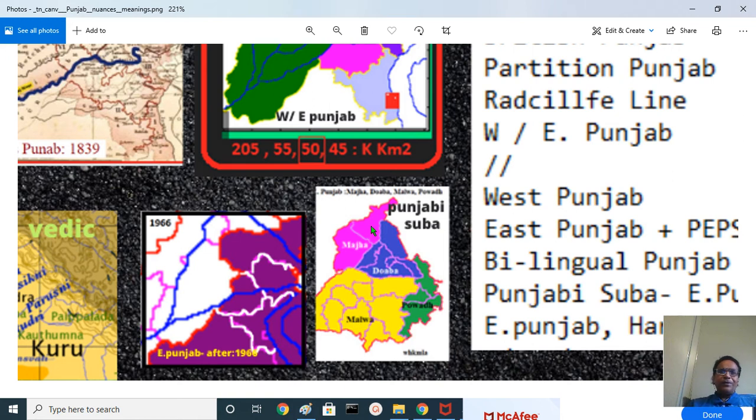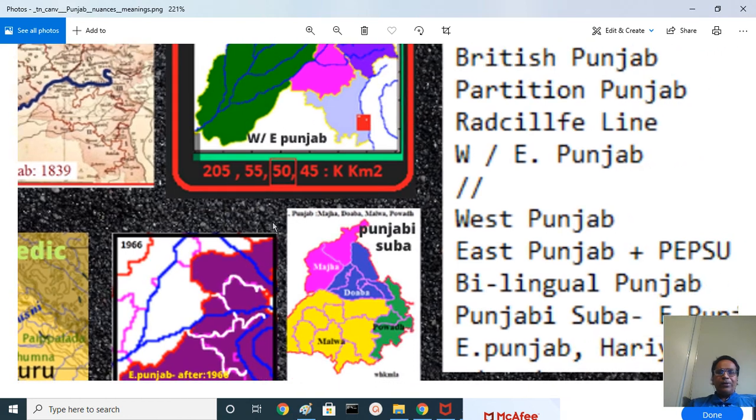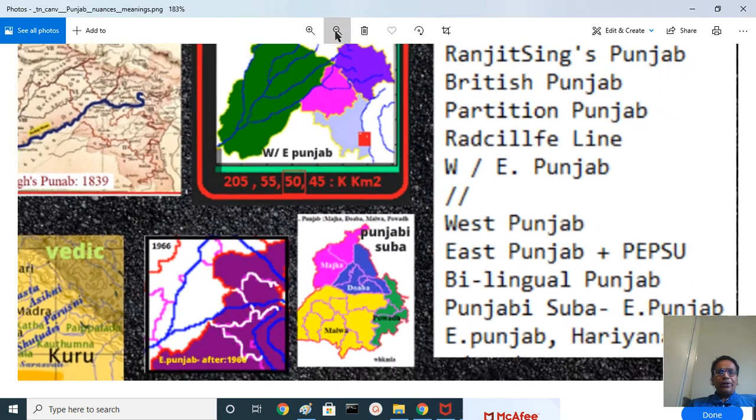There's a Gurdaspur region, Amritsar, Tarn Taran, and Firozpur region, Faridkot region, and Bathinda and Sangrur, Mansa region, Patiala, Nabha, and Ludhiana regions, and Rupnagar region, Rupnagar district, and Chandigarh.